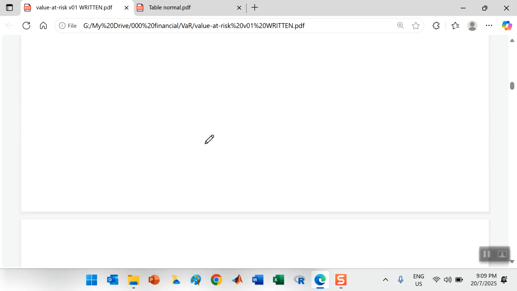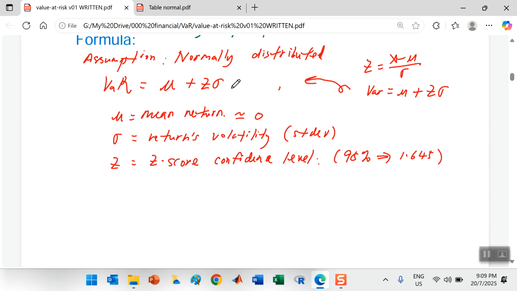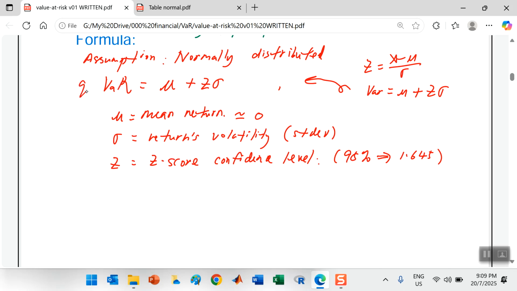If you view the distribution as following a normal distribution, then we can use this particular formula to determine the VAR. This is not actually the VAR, this is the quantile of VAR. VAR is supposed to be the amount times this quantile.